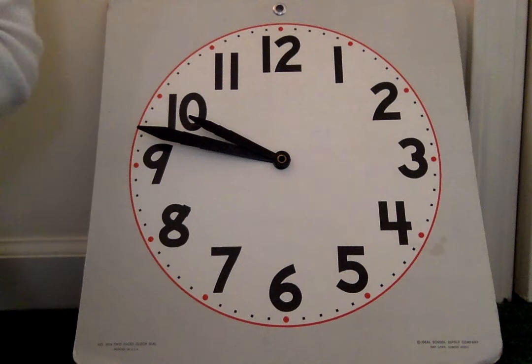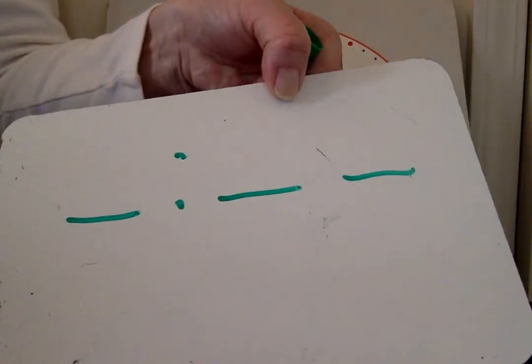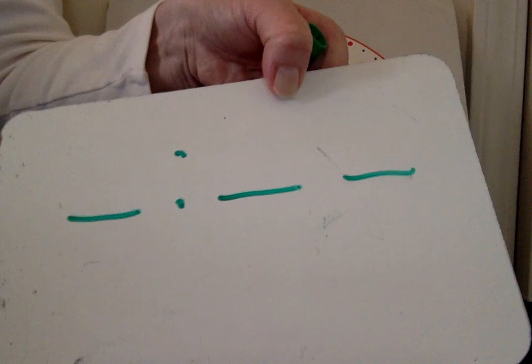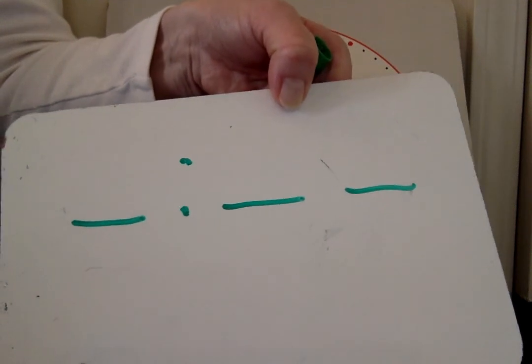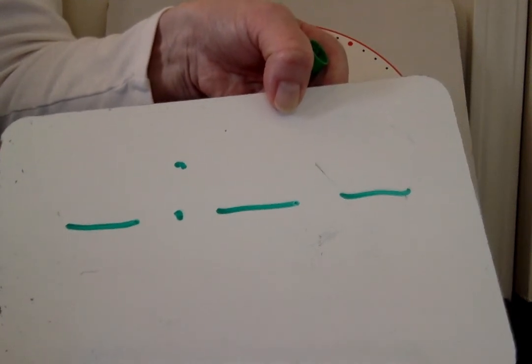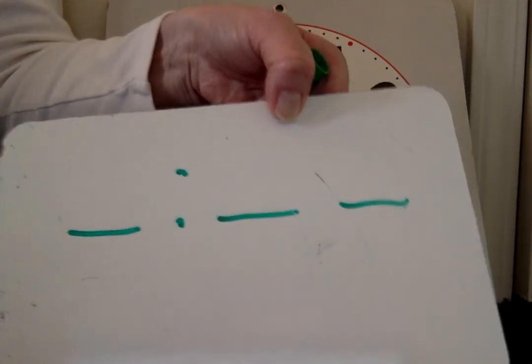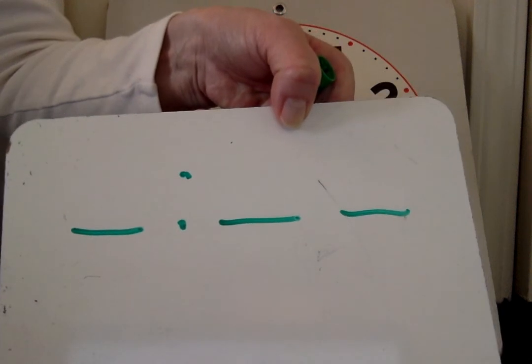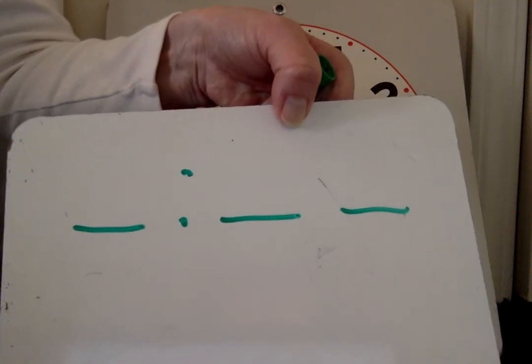And number 2, try to do that one on your own. Say what the baby's saying. Then say what you would say. So name the little hand first. And then that's the hour hand. And then tell how many minutes after that hour.